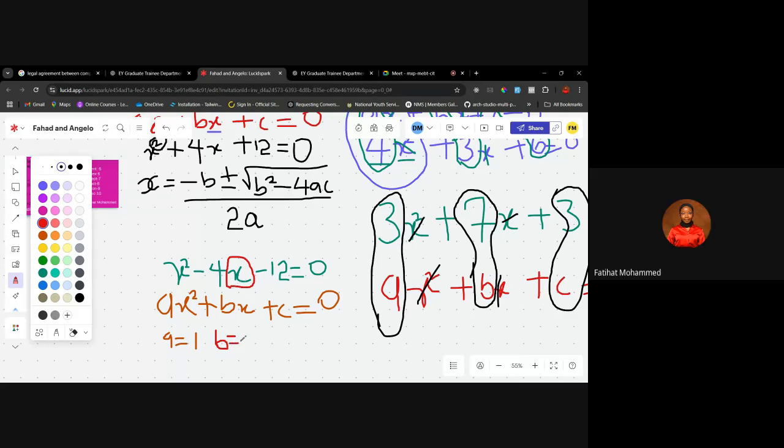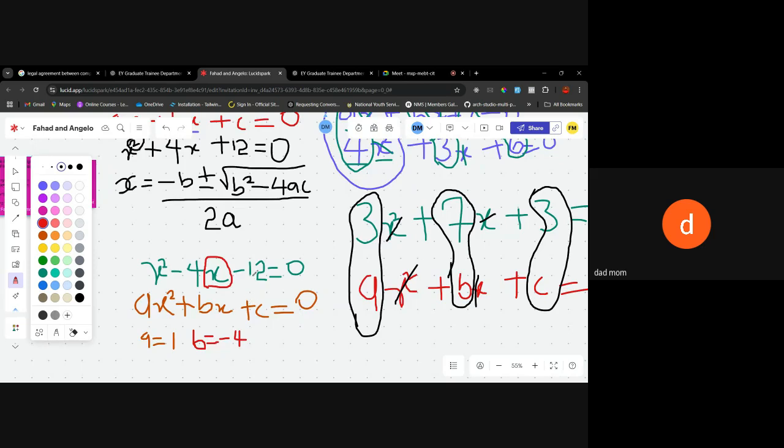Can't you see a sign here? Whatever is standing beside x is the coefficient, so it will be negative 4x. The coefficient of b is negative 4. If it is positive 4, you say positive 4, but for negative 4, you have negative 4. Do you get it?